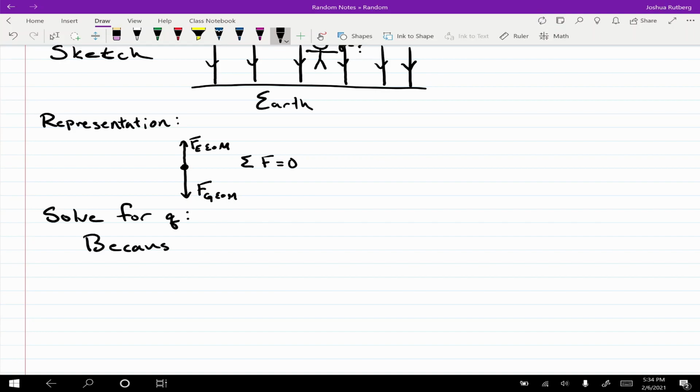Because I'm levitating, I know the sum of the forces must be 0.